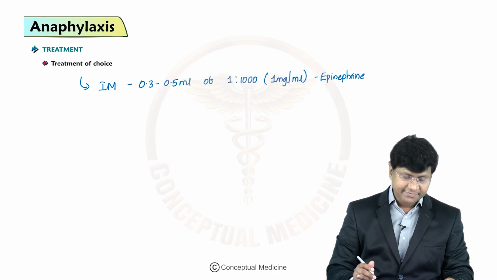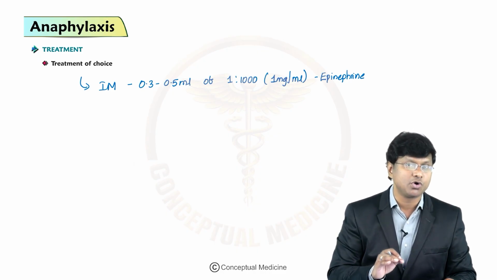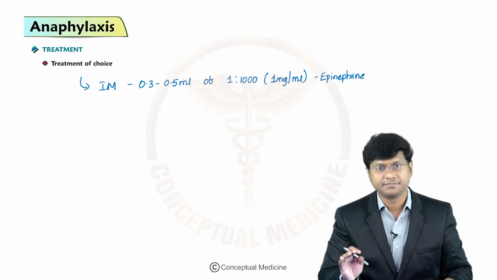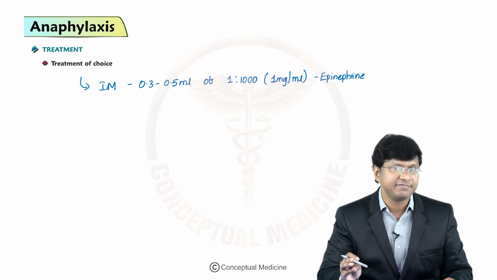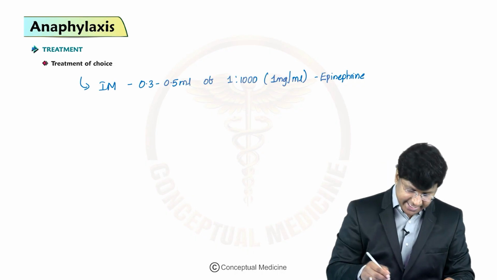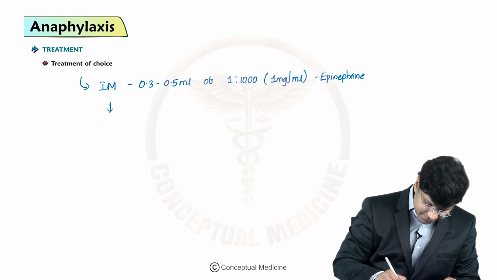Okay, so that will be the dosage of the epinephrine, right? Intramuscular administration of 0.3 to 0.5 ml of 1:1000, that is 1 milligram per ml epinephrine.